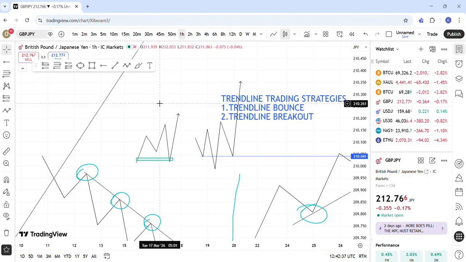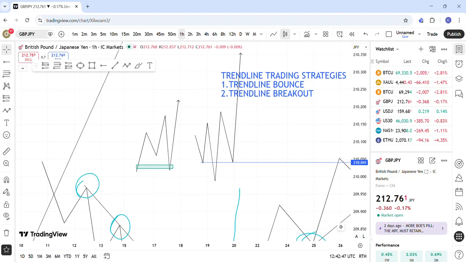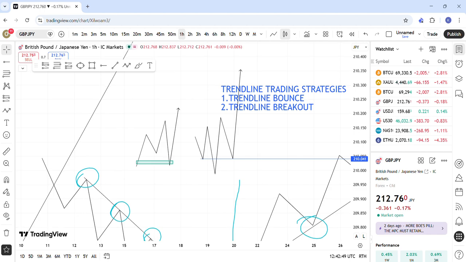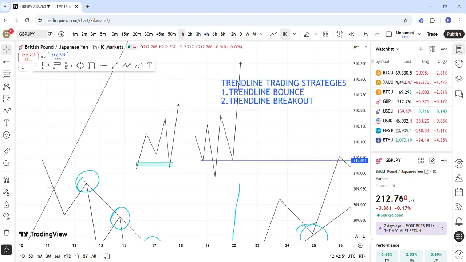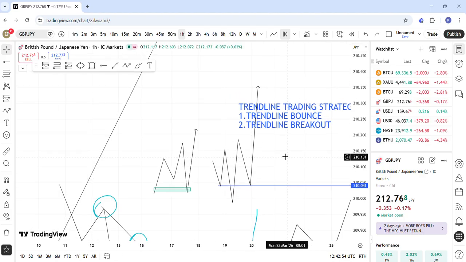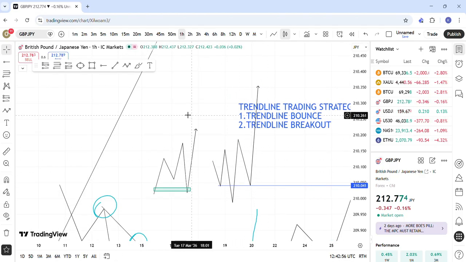Yes, so you can backtest it and give me feedback on that. Don't worry, I don't want this video to be long, and I'll show you how to go about trendline breakout on the next video. But this is it. On your golden zone, watch out for these two. One must form, then you take your trade.